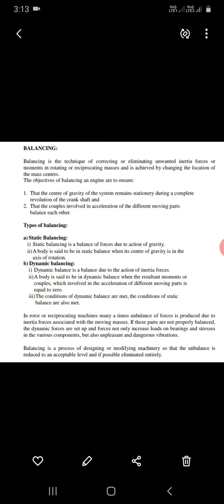The objectives of balancing are: the center of gravity of the system remains stationary during complete revolutions of the crankshaft, and the couples involved in the acceleration of different moving parts should balance each other. There are different types of balancing: static balancing and dynamic balancing.